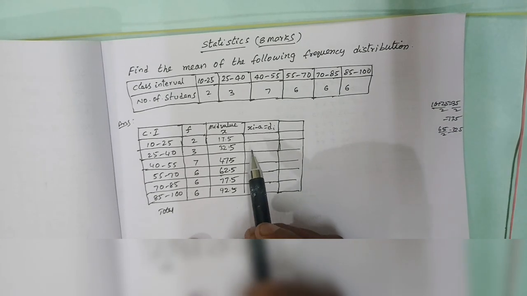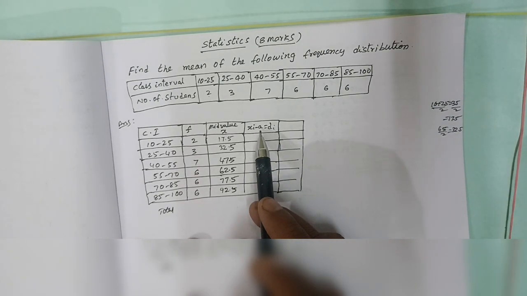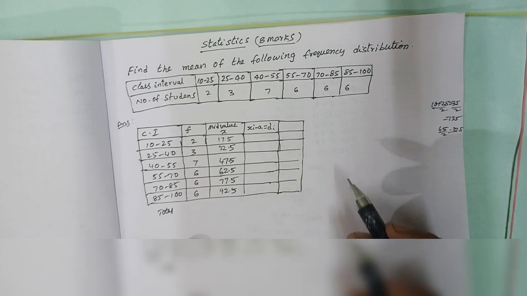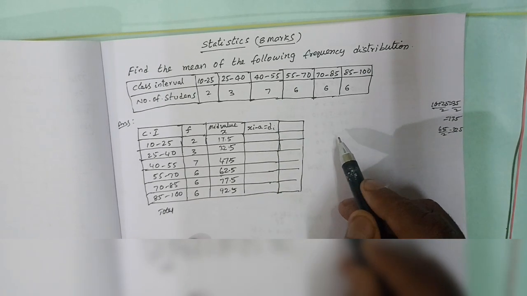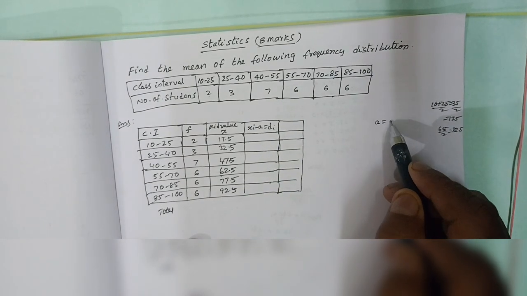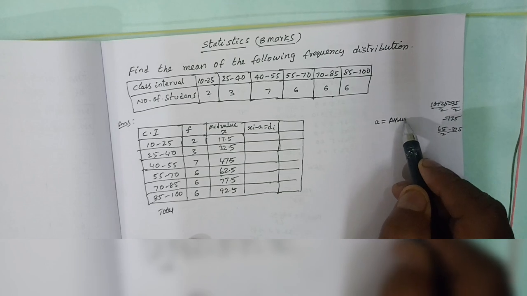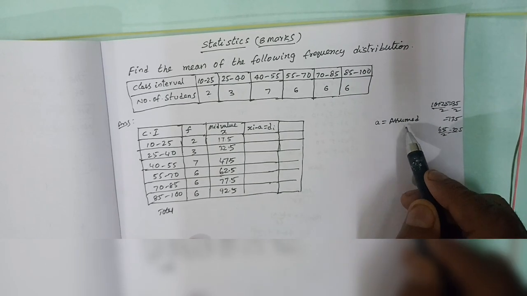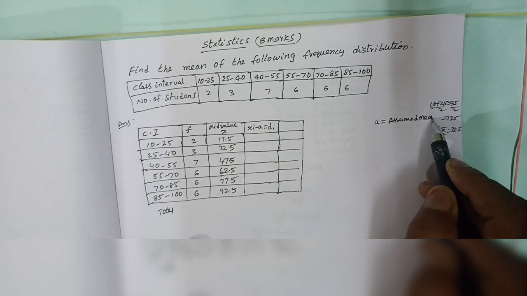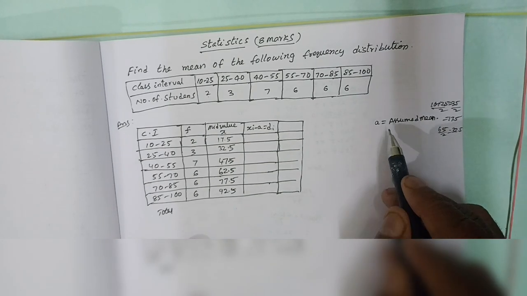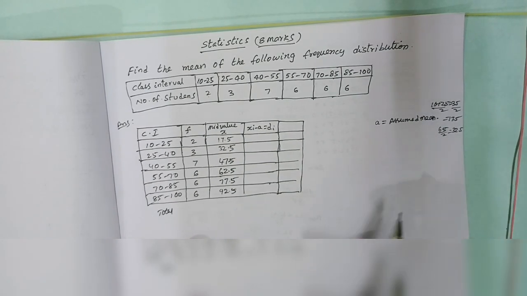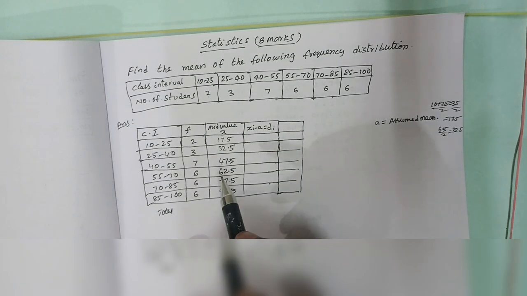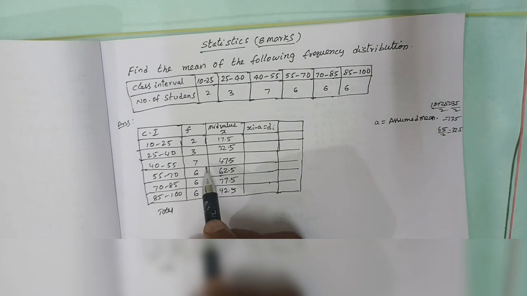Now, A is the assumed value. A is equal to the assumed mean. We assume A is the mean. How do we determine it?